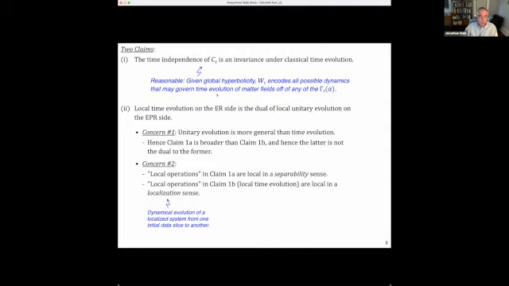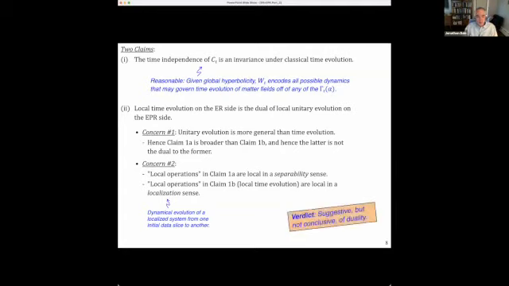Local operations in the second claim really amount to dynamical evolution of a localized system from one initial data slice to another, as opposed to a separability notion of locality. So it looks like local operations are meant in two different ways in the context of these two theorems.